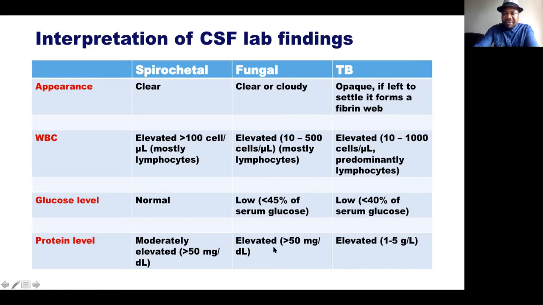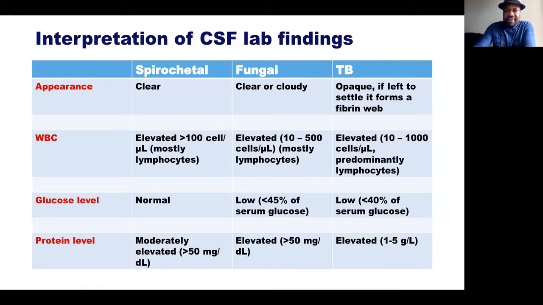The protein level is elevated in both, but it's usually more elevated than in fungal meningitis. So you can see that there are similarities in the analysis results, but the appearance of the CSF usually makes a big difference.